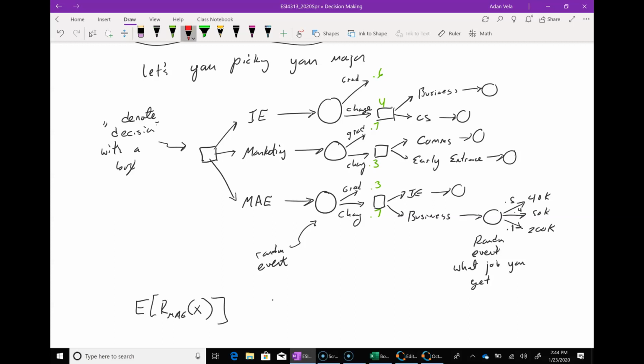So let's follow this path down. MAE, boom. I either graduate, and again, let's say I graduate and I automatically make 100K. I can either graduate or change.